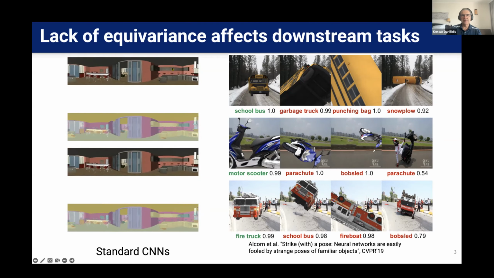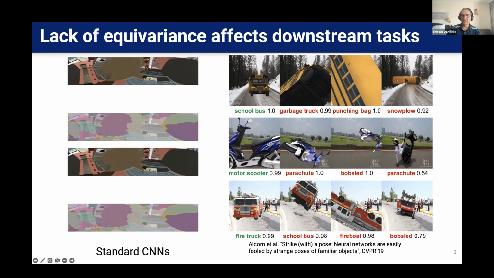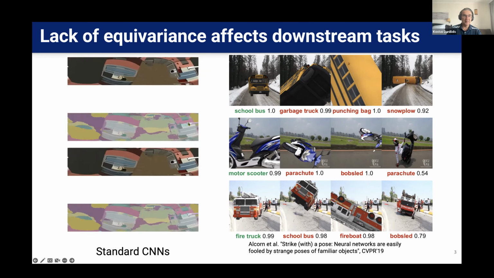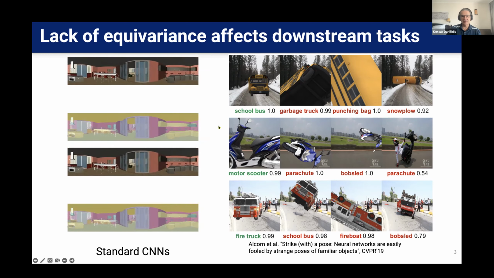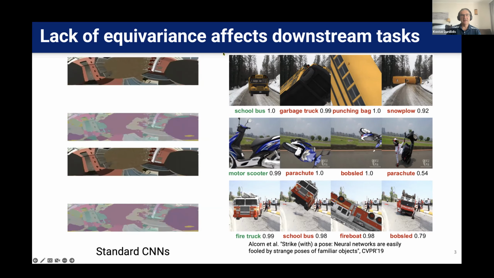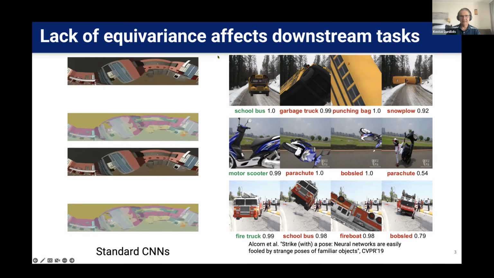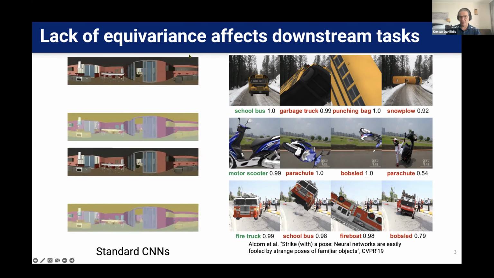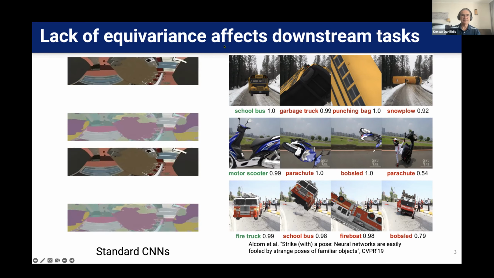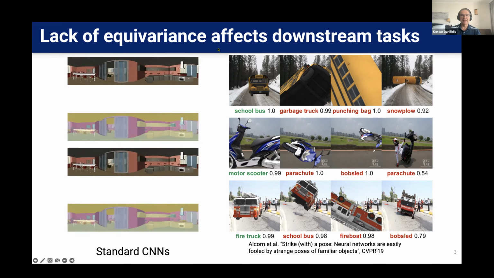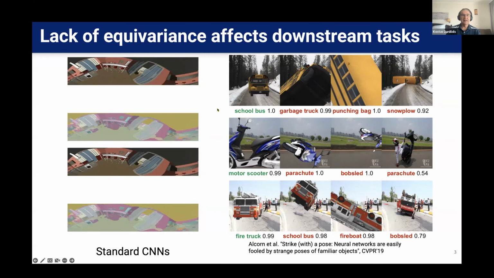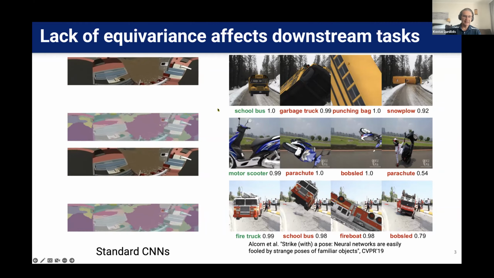Also, in a classification task, this is from a paper called Strike with a Pose from 3 years ago, you can fool your classifier by drastically changing the pose. Some of these poses are really not realistic, but some of them, like the bus here or the fire truck, can indeed happen in reality.